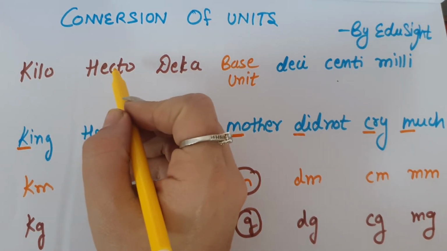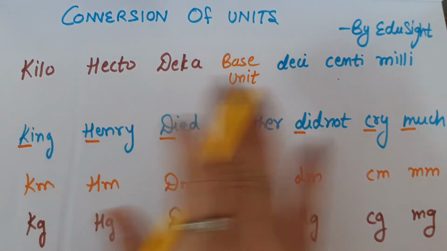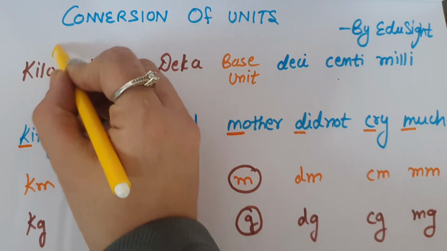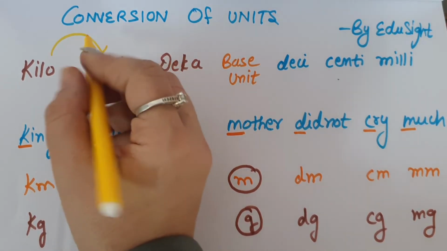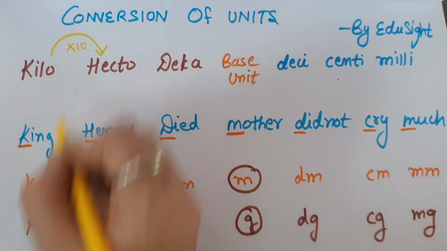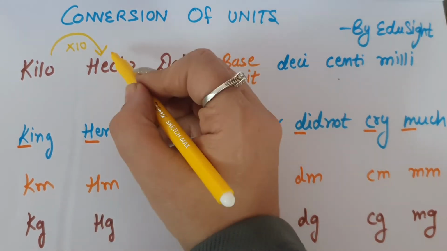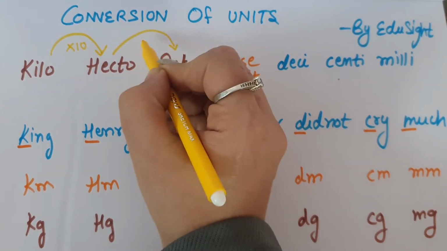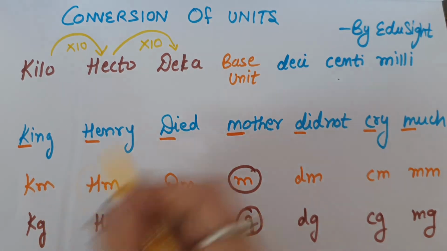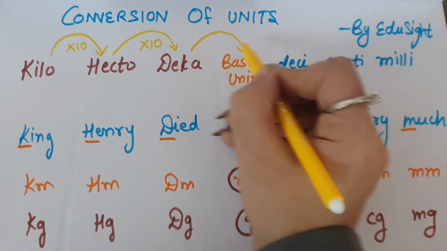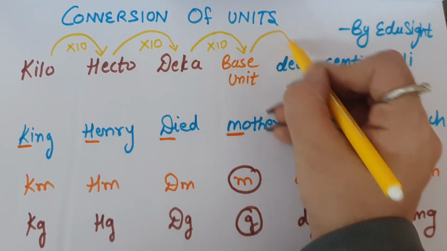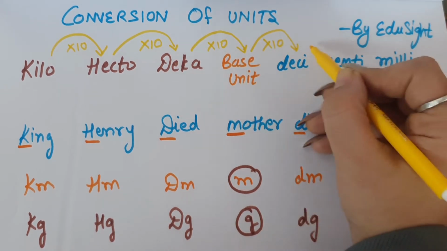Kilo to hecto. If I want to move from left to right, like kilogram to hectogram, I will multiply by 10. If I want to convert hecto to deca, I will again multiply by 10. And how many jumps we are doing? That many times we are going to multiply by 10.